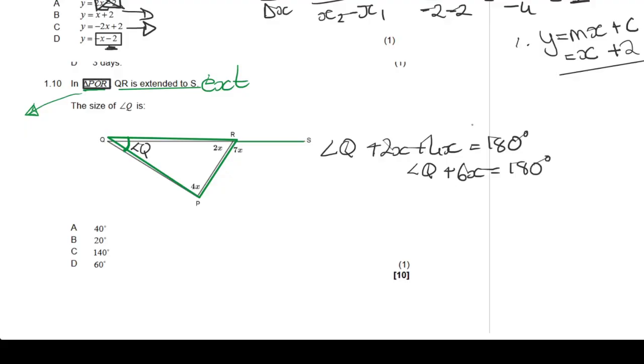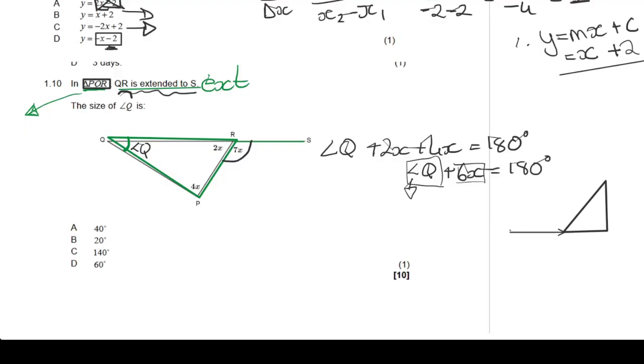All right. But then they also gave us this part. We can't go any further than this because we don't know what the value of x is or the value of angle Q is. But they gave us another thing, this here. Extended normally means exterior angle. And what do we know about the exterior angle of a triangle?